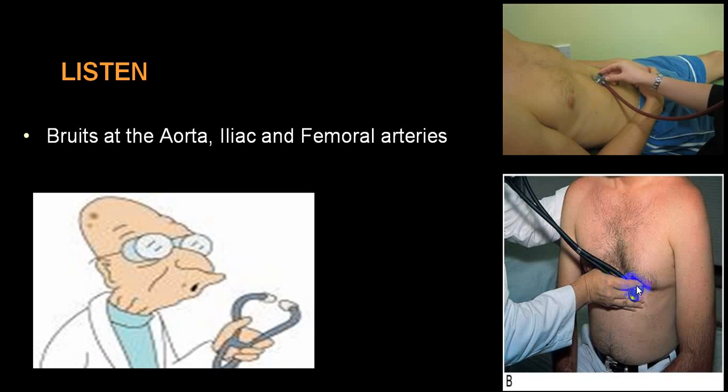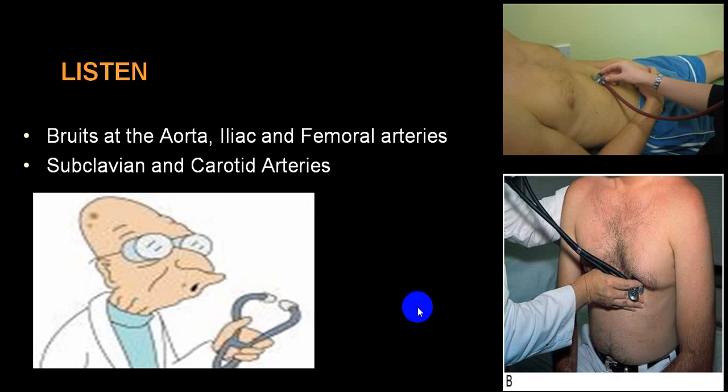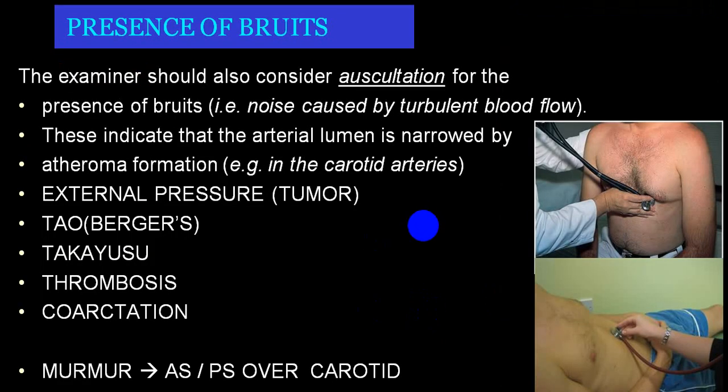Here you are auscultating for the apical impulse. So you are auscultating for that sound, and you will be able to get it in atherosclerotic occlusion, external pressure by tumors. In a lower limb, you can get it because of TAO, or thromboangiitis obliterans, or Buerger's disease.